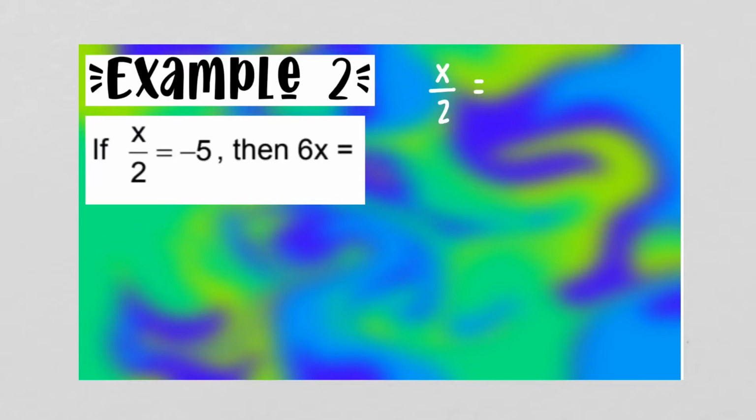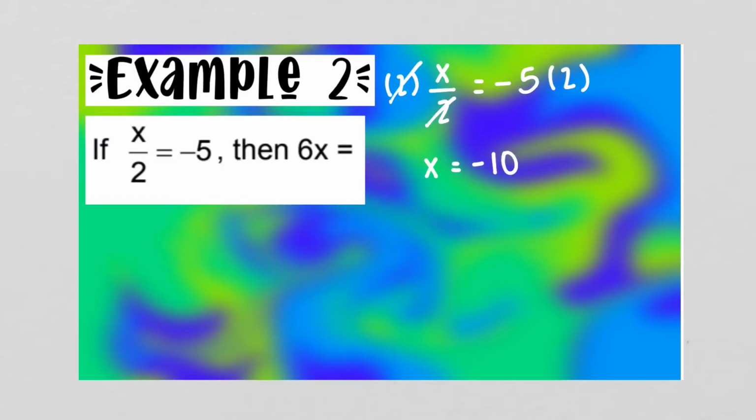So x divided by 2 is equal to -5. Now, people can tell you, oh, you're just going to multiply by this, or you're just going to divide by this. The easiest way to do this is just to multiply both sides by the denominator of the fraction. What that does is gets rid of the fraction and only leaves what's on top. So I have x equals, and -5 times 2 is -10.